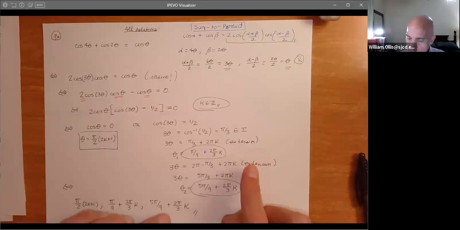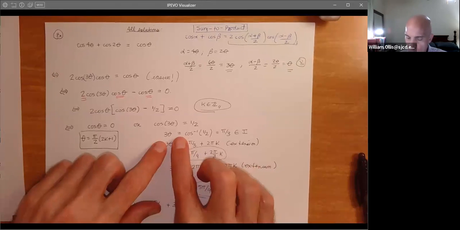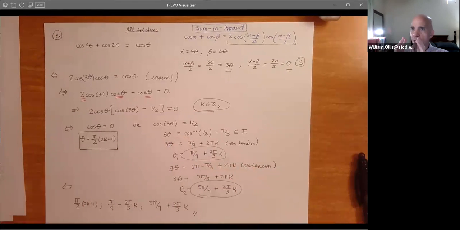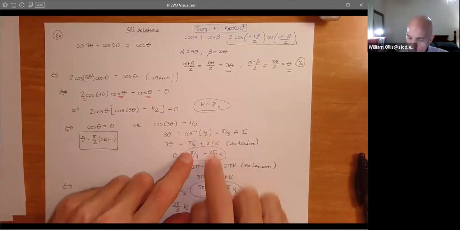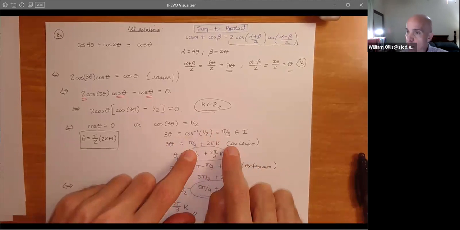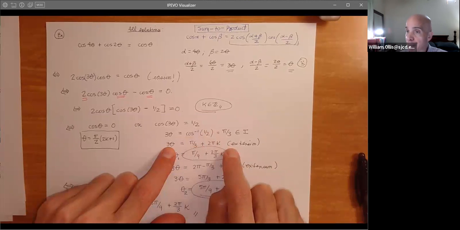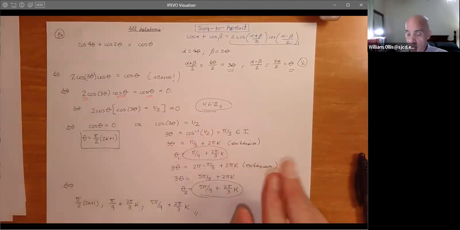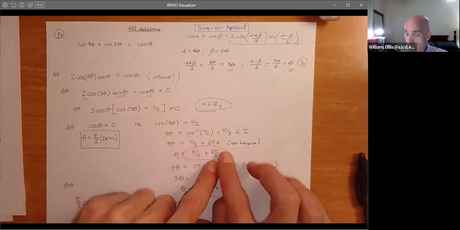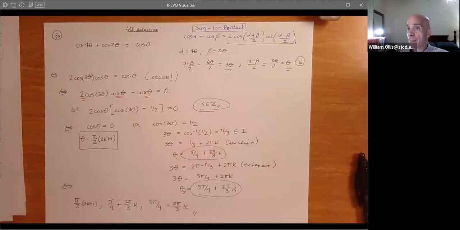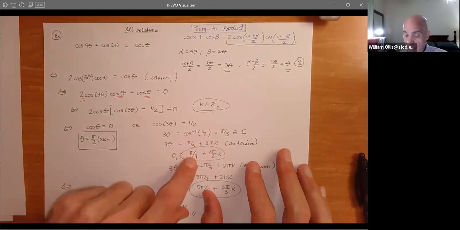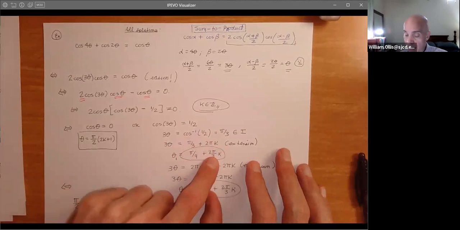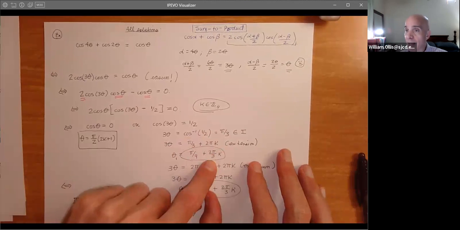So what I would suggest with the multiple angle is to just treat this like one object, use your Professor Ron's lemma, extend first, then divide. You can go ahead and divide and then tack on the new period like we have here. That's not a problem. But what I find is that students divide to get this, and then they put the 2 pi k here and don't divide and forget.